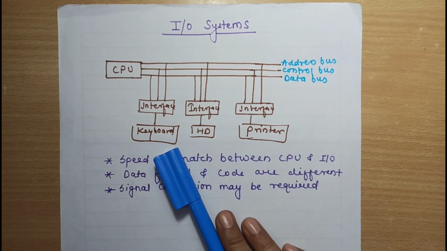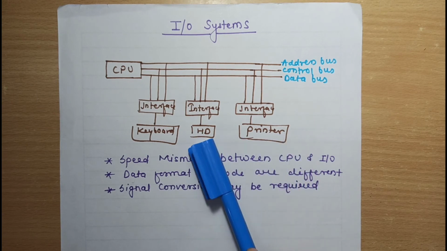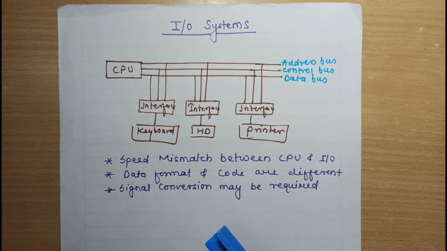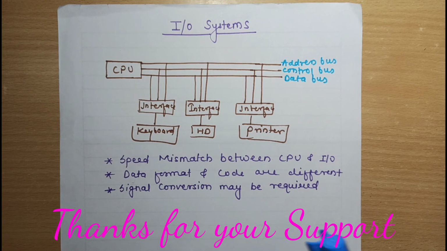Some are input devices, some are output devices, some are both. So these peripheral devices are connected with the CPU. How these devices are connected, how the data transfer between CPU and different peripheral devices is done, we will be discussing that, and then move towards the modes of IO transfer after discussing this.